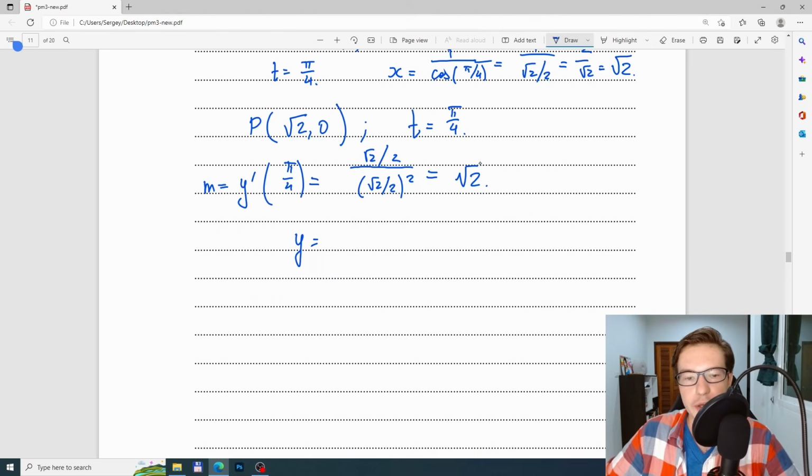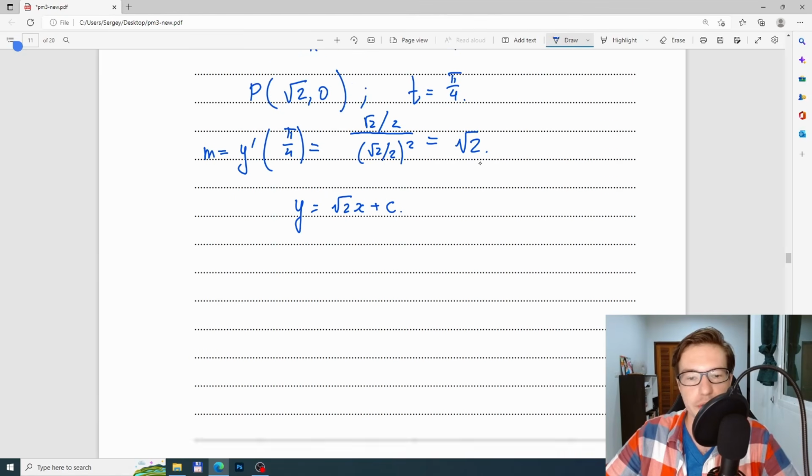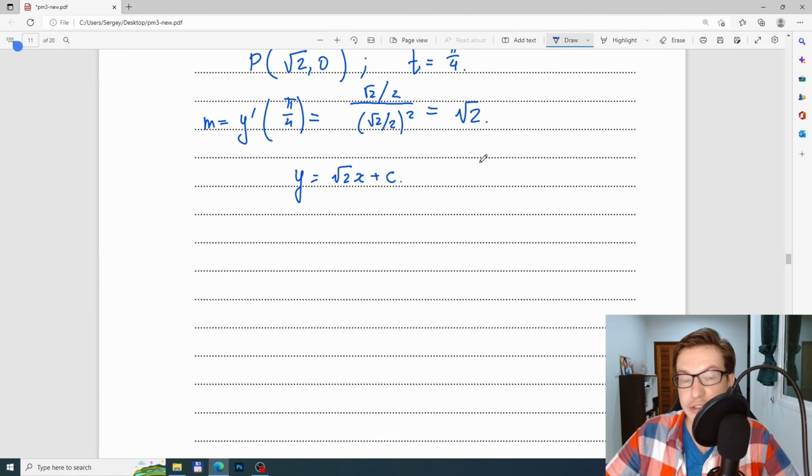So now y equals square root of 2 x plus c, and according to our plan, we have to substitute the point P into this equation in order to find c.